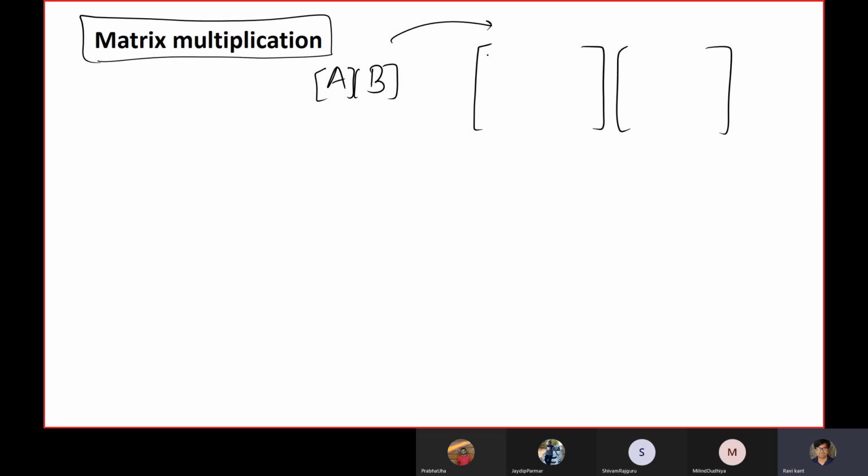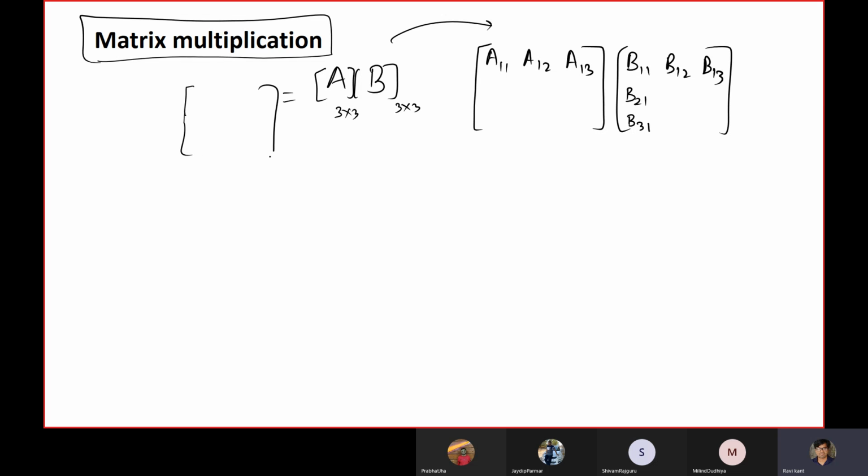Let's suppose you have a11, a12, a13, b11, b12, b13, b21, b31 over here. Let's suppose this is 3 cross 3, this is 3 cross 3.